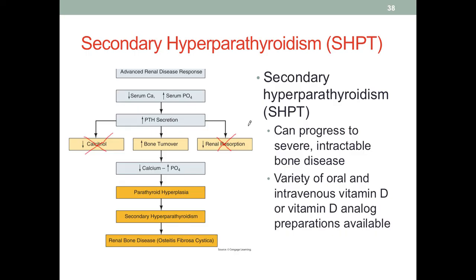Therefore, to respond to low calcium levels in the blood, high PTH can only mobilize the calcium from the bone, and this can lead to renal bone disease. And for this reason, renal failure patients on dialysis are usually given an active form of vitamin D to reduce the hyperparathyroidism through feedback inhibition.